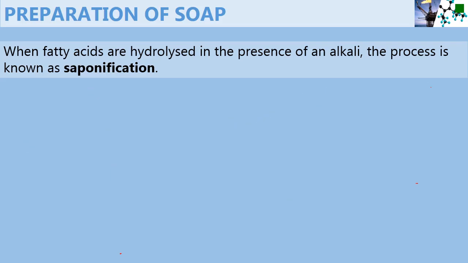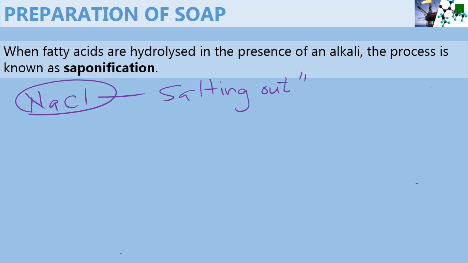During the procedure of making soap, a lot of stirring needs to take place, and at one point sodium chloride is usually added. This process is known as salting out. Since glycerol easily dissolves in brine, which is concentrated sodium chloride, sodium chloride is added so that it can dissolve in it, and then hot brine is added to the mixture and boiled.